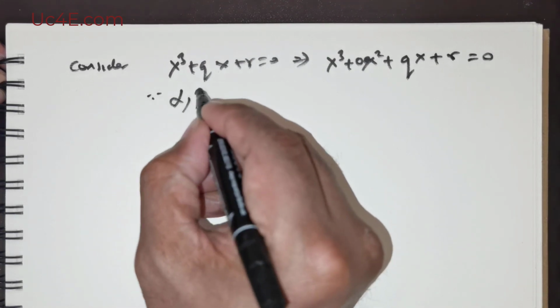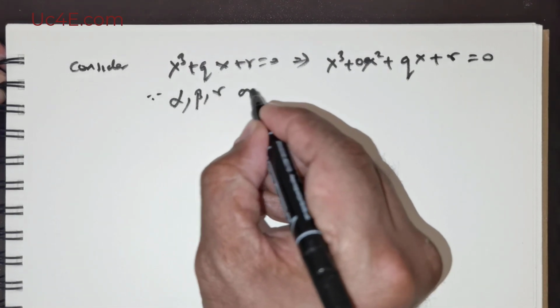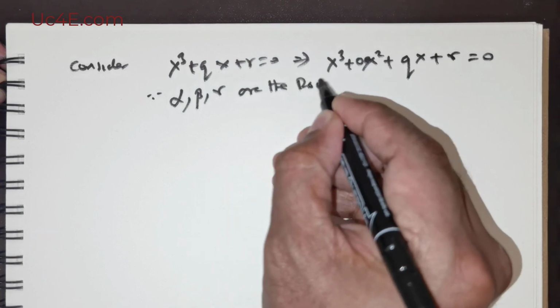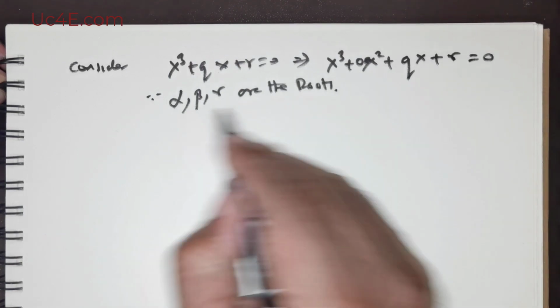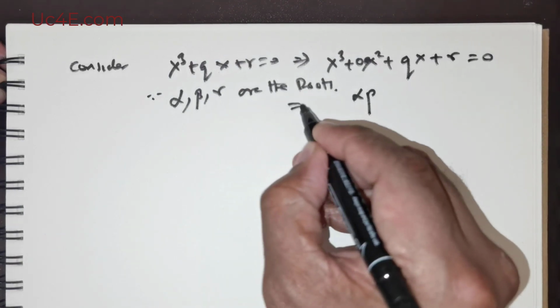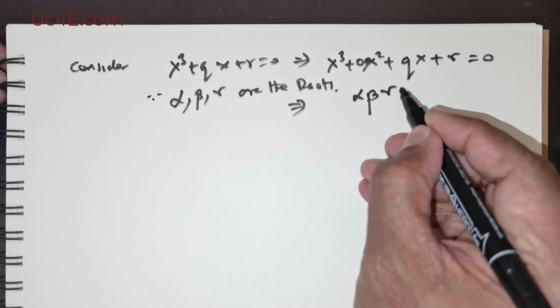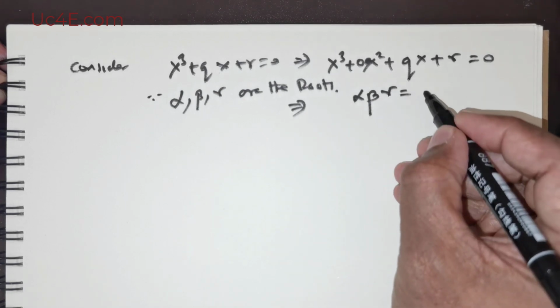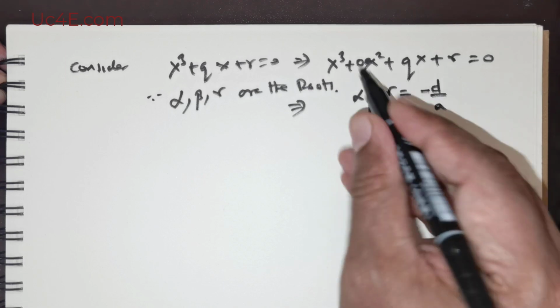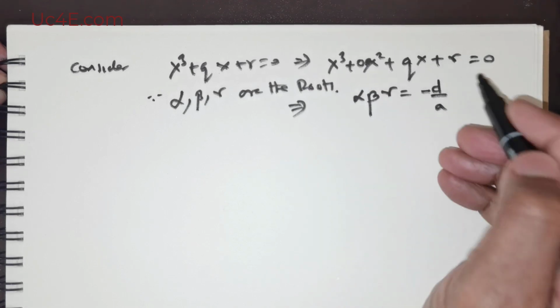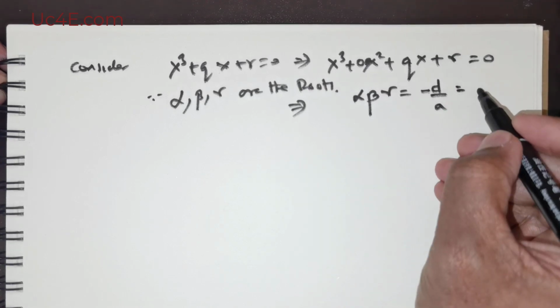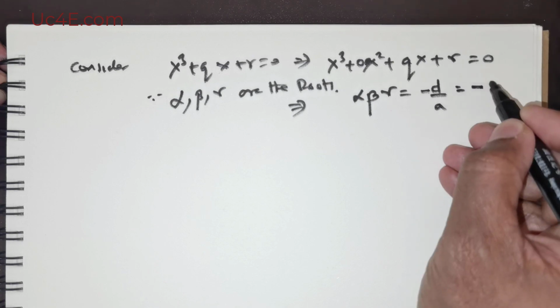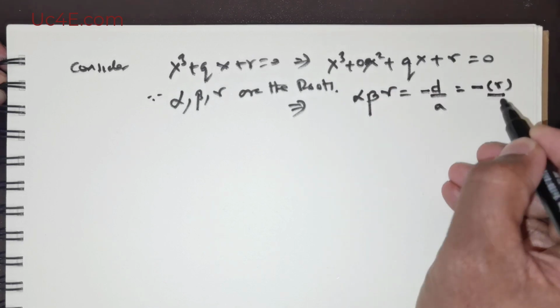Now since alpha, beta, gamma are the roots, I can take the product of the roots. This means alpha beta gamma is equal to minus d over a. This is b term, c term, a term, d term, and the value of d is r, the value of a is 1.